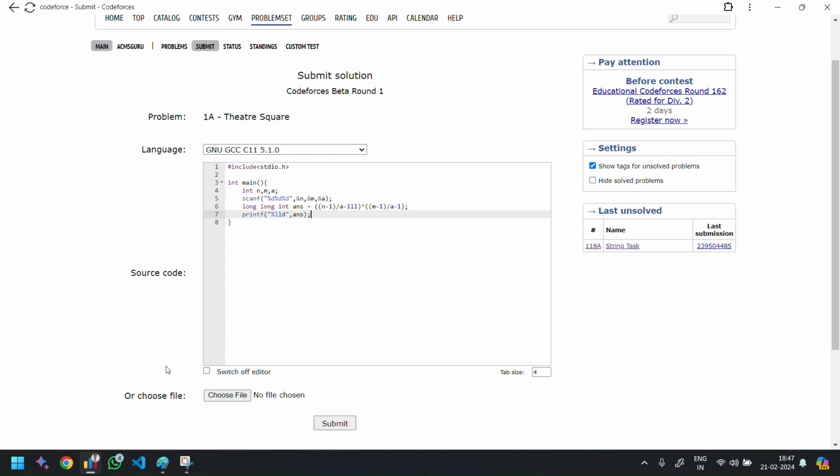Let's submit this. Just check if everything is right. Oh, I think our general formula was plus 1. Here it should be plus 1.